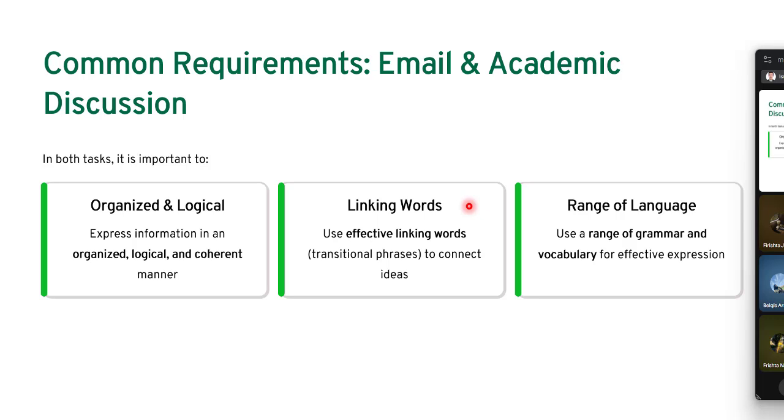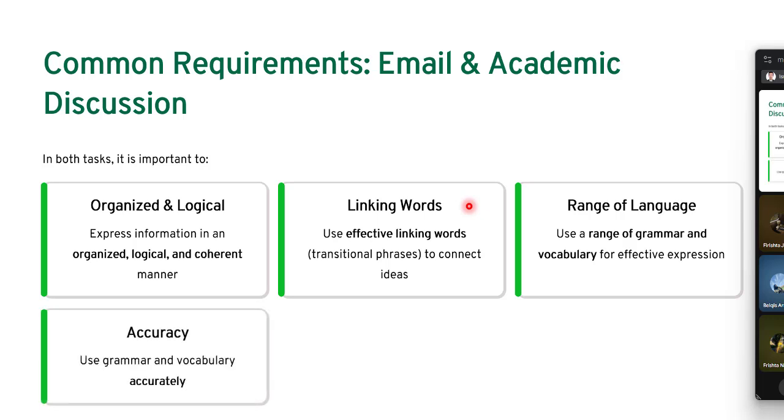So the third thing that is required is the range of language. And when it says language, it simply refers to using a variety of grammatical structures and word choice.